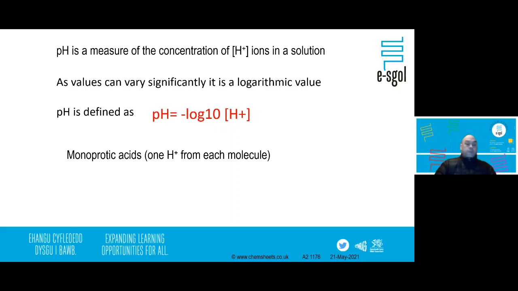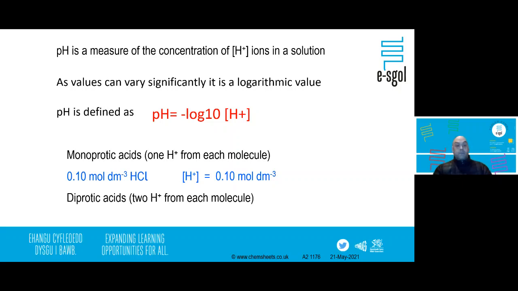So monoprotic acids, this value here is quite important to know how many hydrogen ions the acid will generate. So for example, if you've got a monoprotic acid like hydrochloric acid, you know that for every one of those molecules, you will generate a hydrogen ion. So you can assume for a strong acid that the concentration of hydrogen ions will be the same.